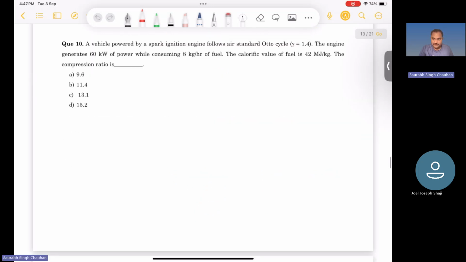Question 10 says: a vehicle powered by a spark ignition engine follows air standard Otto cycle with gamma equal to 1.4. Gamma is basically the ratio of specific heats Cp by Cv, and it is given 1.4.